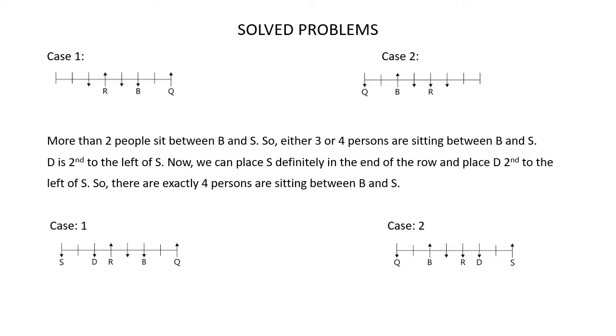Now it's given that D is second to the left of S. So supposing you place S here and S is facing north, then obviously there won't be any places to the left of S. But supposing S is facing south, then two places to the left of S will be R. So this place is already occupied by R. So obviously this position is not for S. So let's consider that S's place is here.